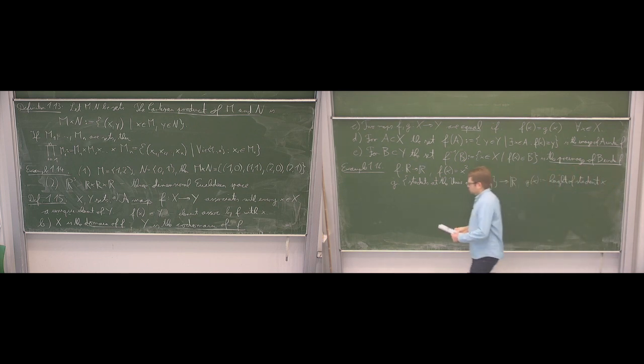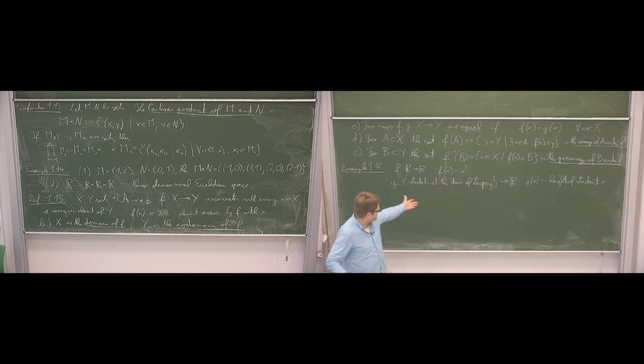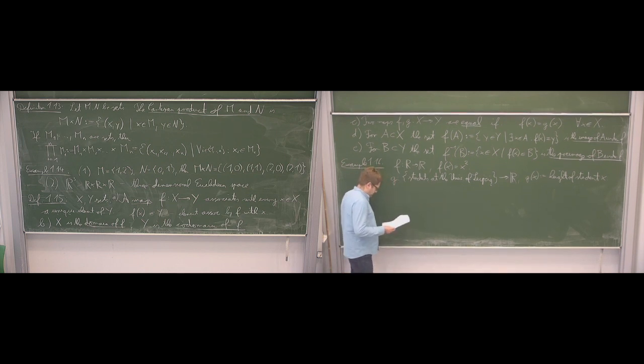So we associate with every person here at the University of Leipzig a number. This is an example of a map.